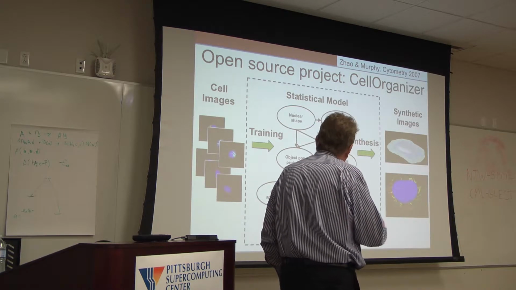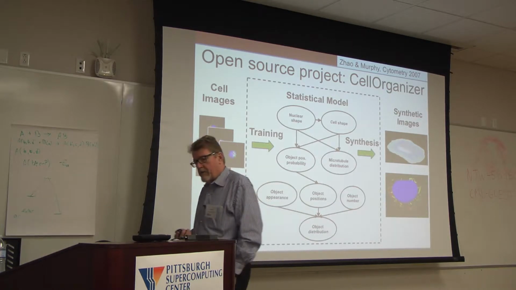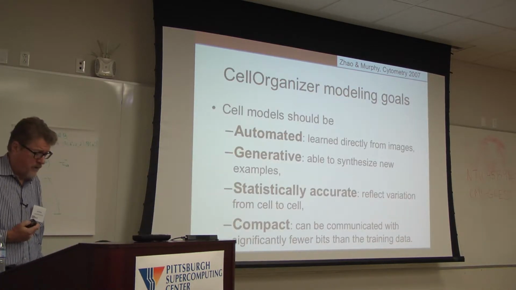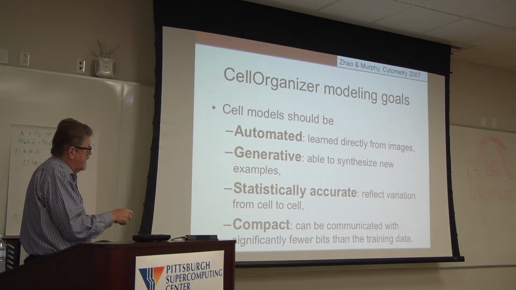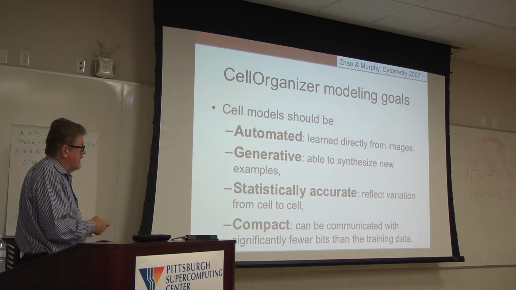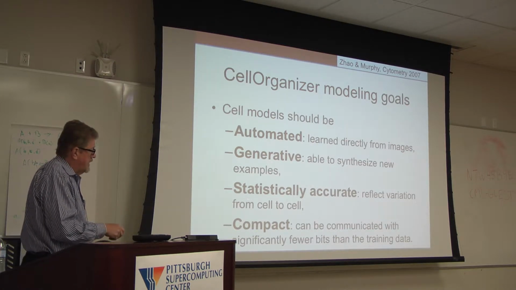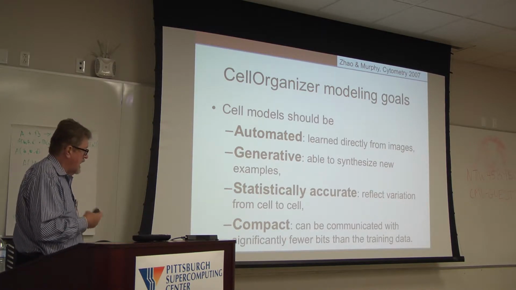And then from those models, we can synthesize new cells that can, for example, be used as input geometries to systems like M-cell. And our goals are to be able to have that process be automated, that it goes directly from the images. As we said, it has to be generative. It has to be statistically accurate, reflect as much of the variation from cell to cell as we can.